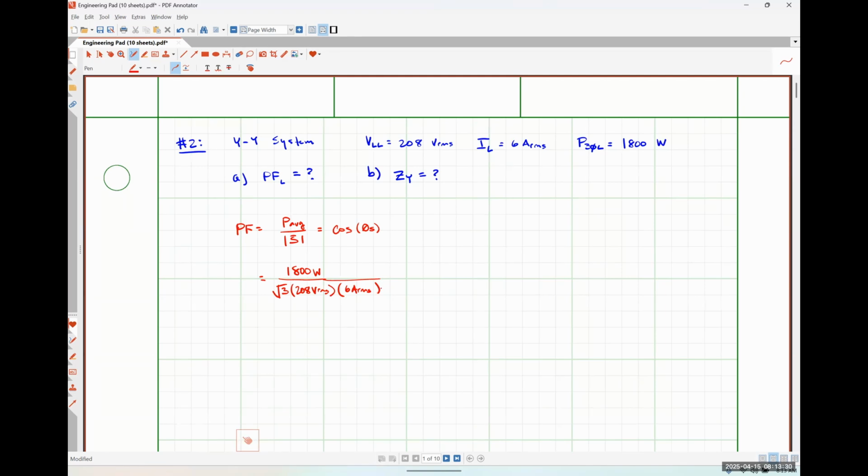Like so. And if I throw that into my calculator, 1800 over root 3 multiplied by 208 times 6, I get 0.83272 and some change.